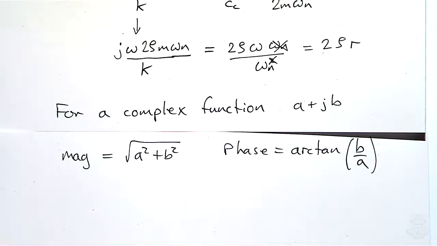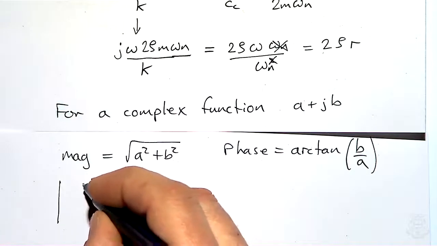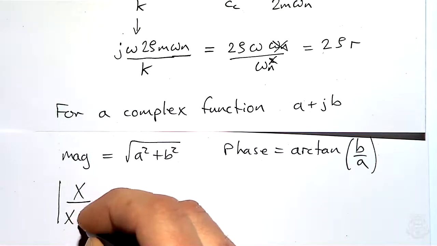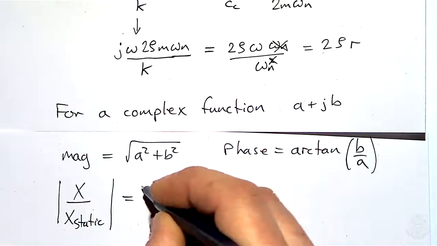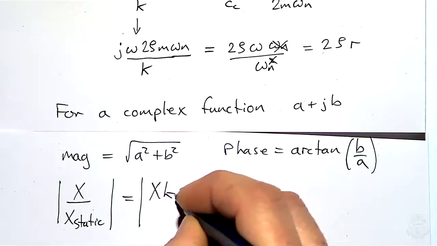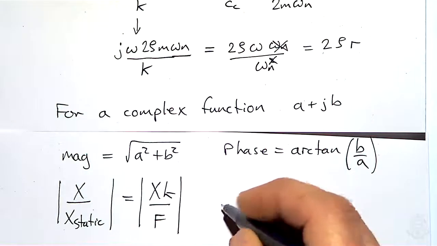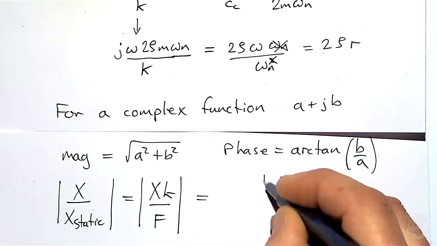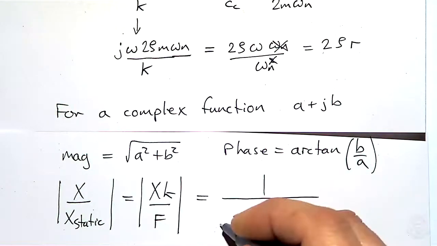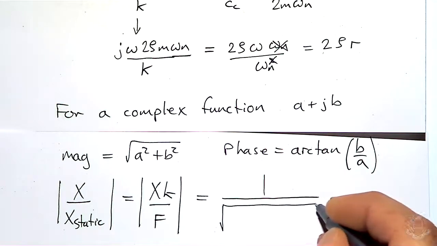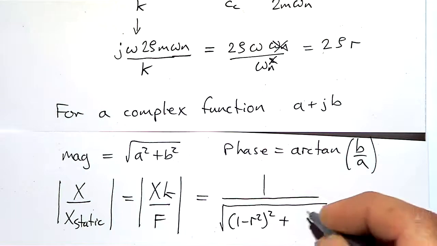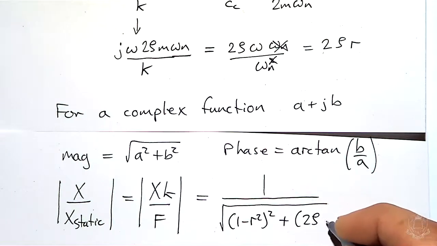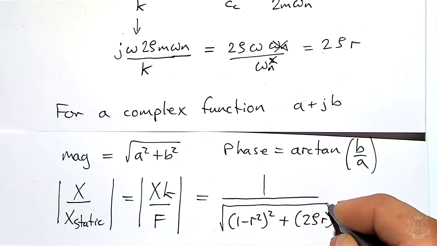So what we're going to do is take the magnitude of x over x static, which is the same as taking the magnitude of xk over f, and that equals 1 over the square root of 1 minus r squared squared plus 2 zeta r squared.